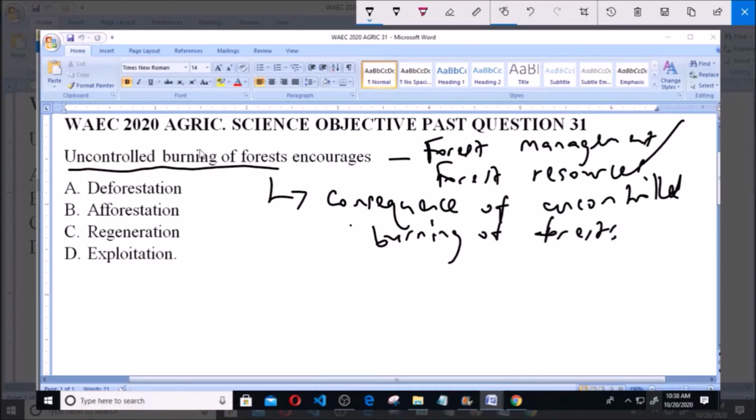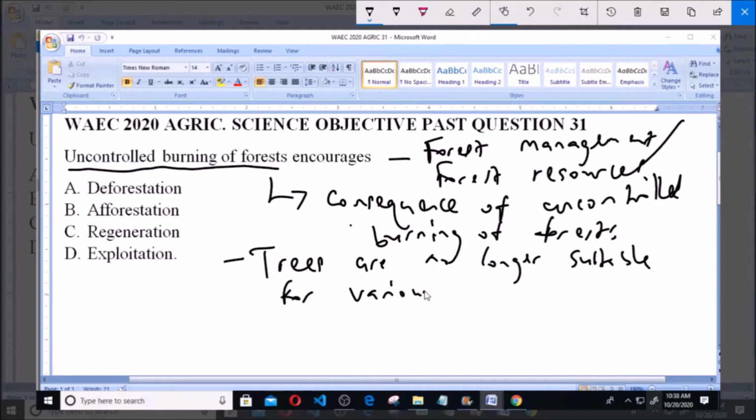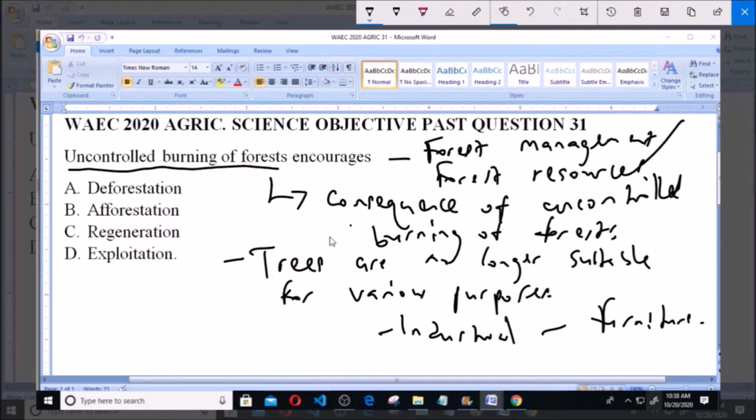Now basically, when forests are burnt uncontrollably, many of the trees in the forest are no longer suitable for various purposes. Okay, so let's say the trees in the forest were being grown for industrial purposes, for the purposes of making furniture, but once they are set on fire and burnt, those trees are no longer suitable for that particular purpose.